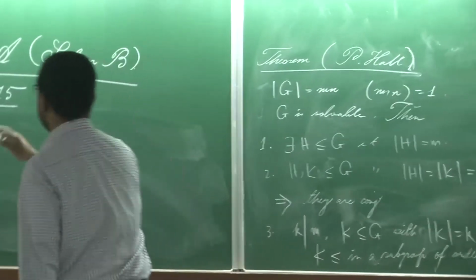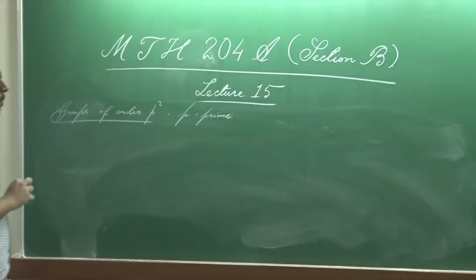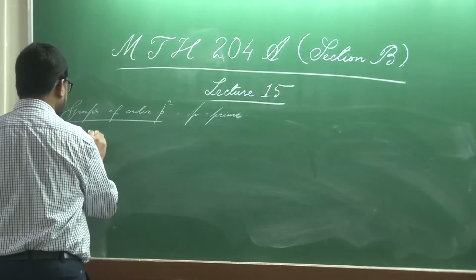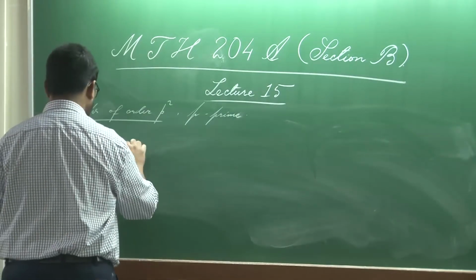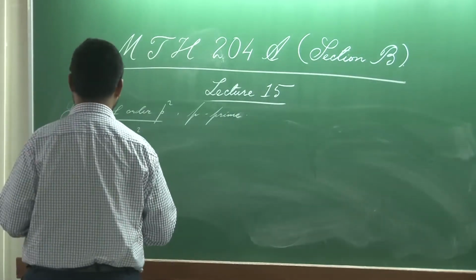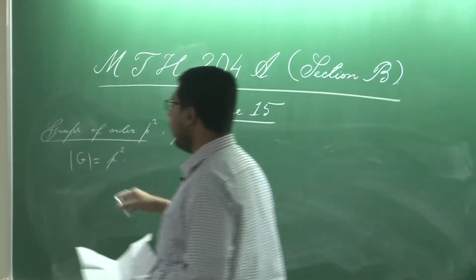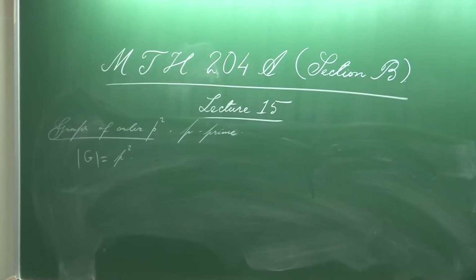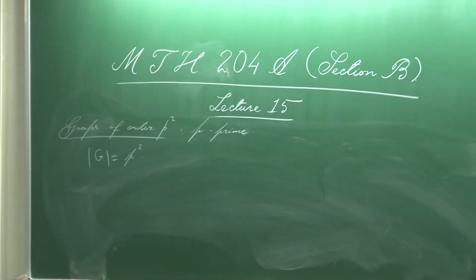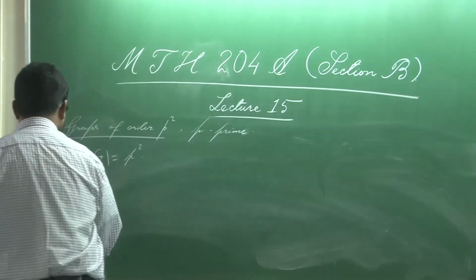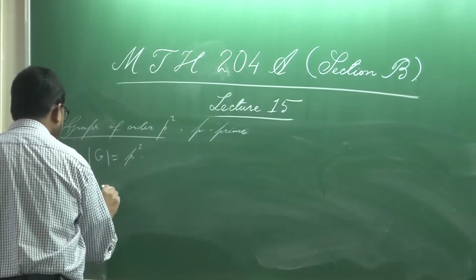Now let me classify all groups of order p square. So let G be a group of order p square. If this is not cyclic, then every non-identity element must have order p. Okay, so pick any non-identity element x.